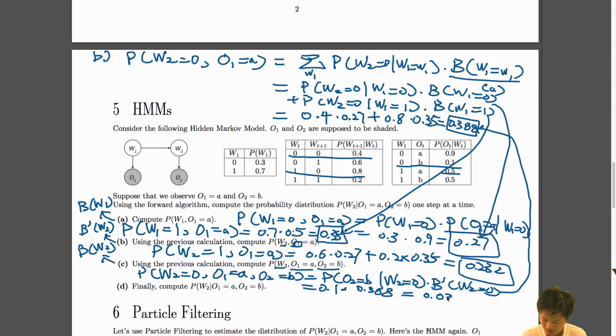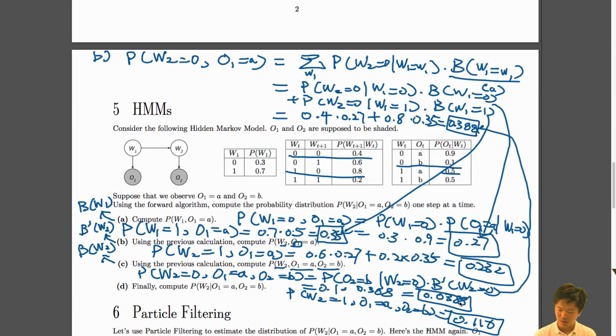So the final answer for the case of W2 equals 0 is going to be 0.0388. And with the same calculation, we can find that P of W2 equals 1, O1 equals A, and O2 equals B is going to come out to be 0.116.